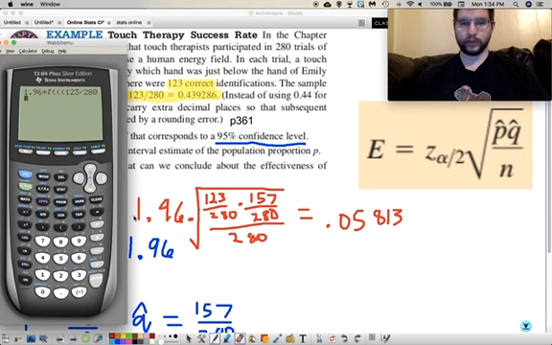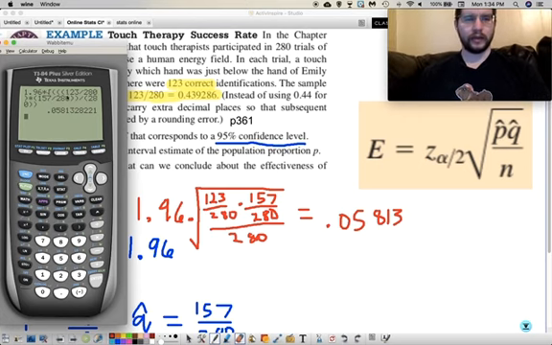Close parentheses for my first fraction, times, open parentheses for my second fraction, now, that's my entire numerator. I'm closing my parentheses for my numerator. I still have my parentheses for my square root open. I need to divide that by, put your denominator in parentheses, close the square root. Same thing, 0.05813, etc.